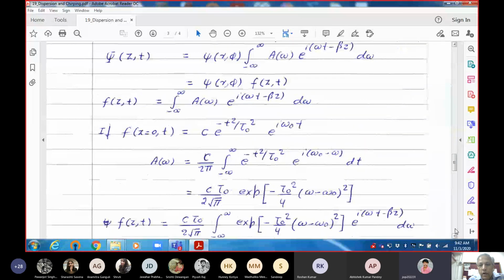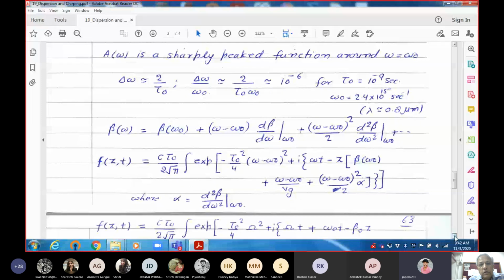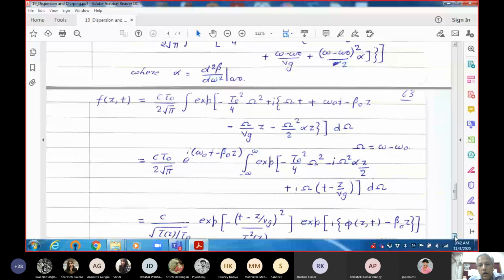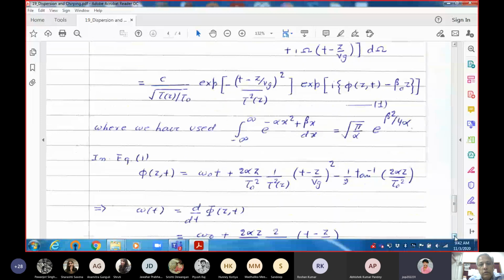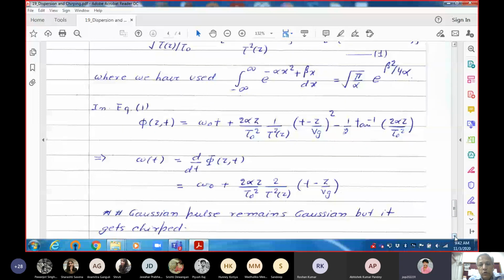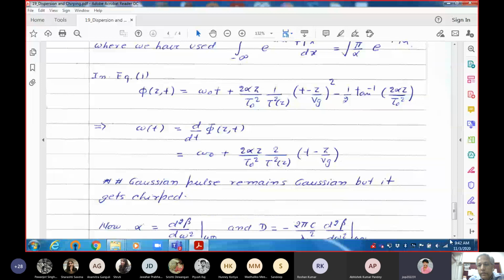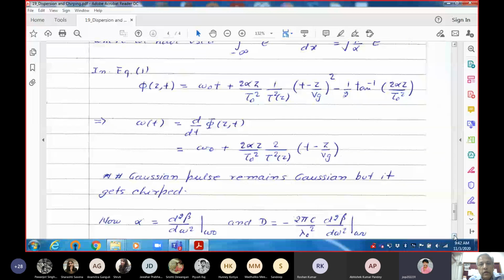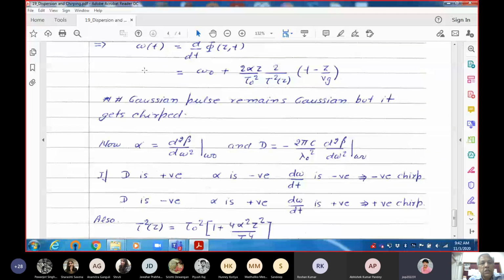I am asking how are we relating alpha to d omega by dt? Alpha, let me come to that. So this is the instantaneous frequency, omega t is equal to omega 0 plus this thing, right?